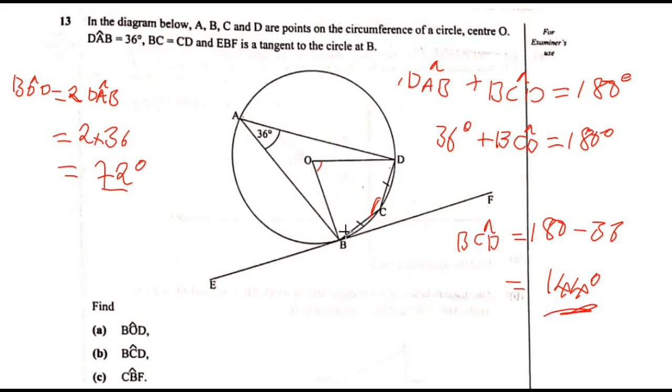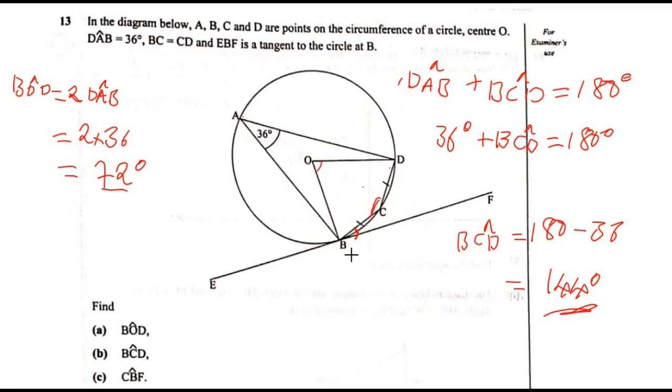So we have to find CBF, and this is a very tiny angle somewhere right here. CBF right there. Now this is a very tricky question, and you can take your time to solve such questions.